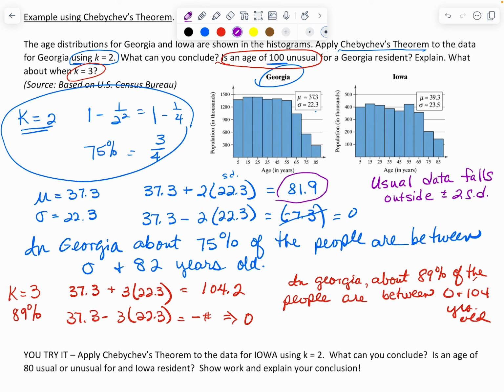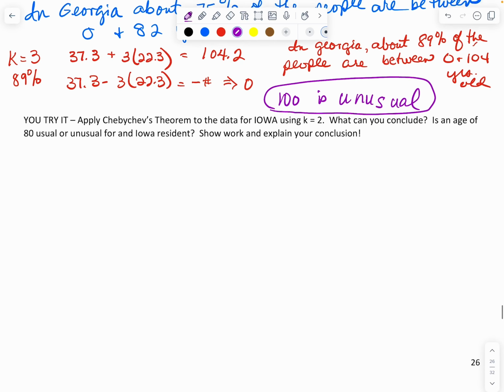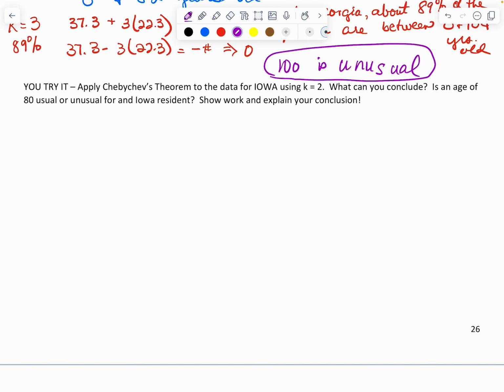At 2 standard deviations, we're only at 81.9 years old. So somebody who is 100 is unusual. For someone to reach 100 years old, that is unusual. Anybody who is plus or minus 2 standard deviations away from the mean is unusual. 104 is 3 standard deviations, so it's very definitely unusual.